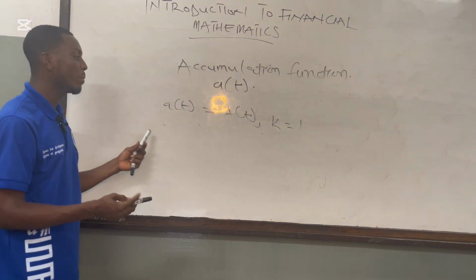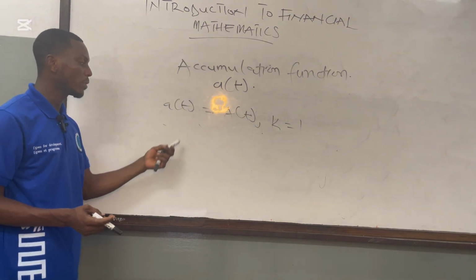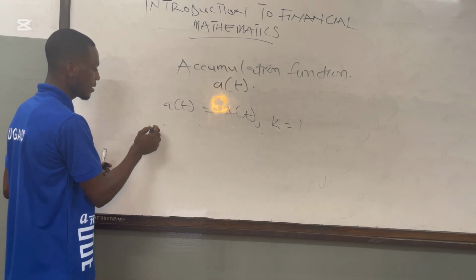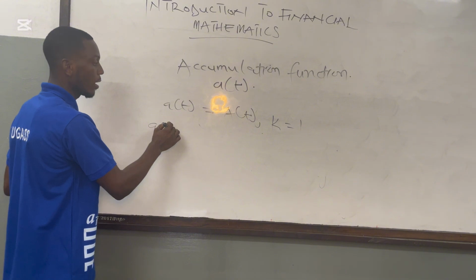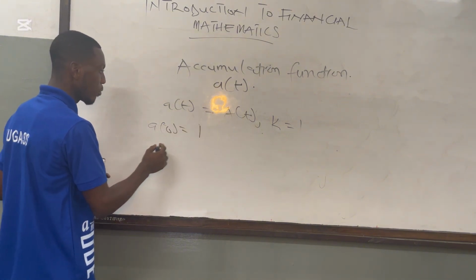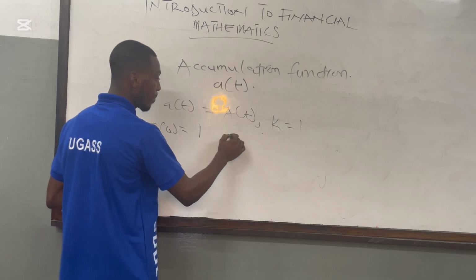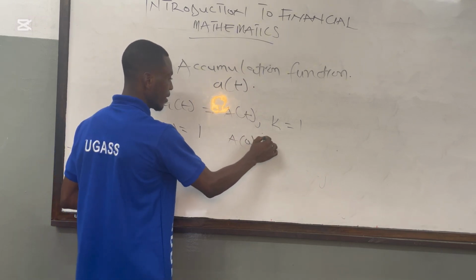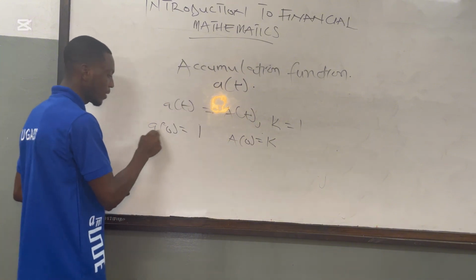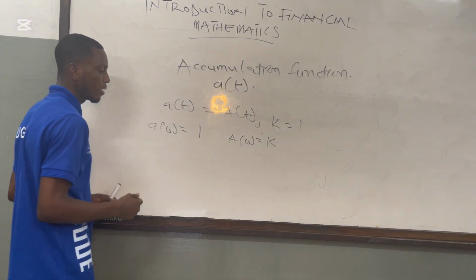And the same property similarly holds for this. The property for little a of t is that little a at 0 equals 1, whilst for upper A of 0 it is k, so when k equals 1, we have little a of 0 equals 1.